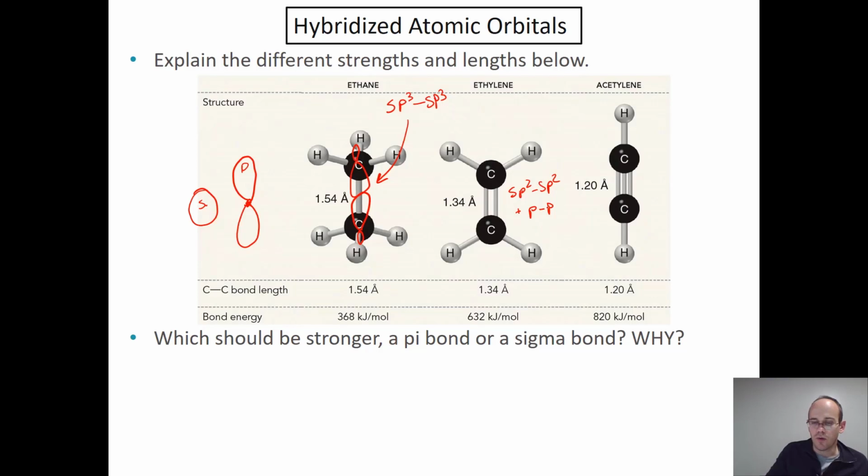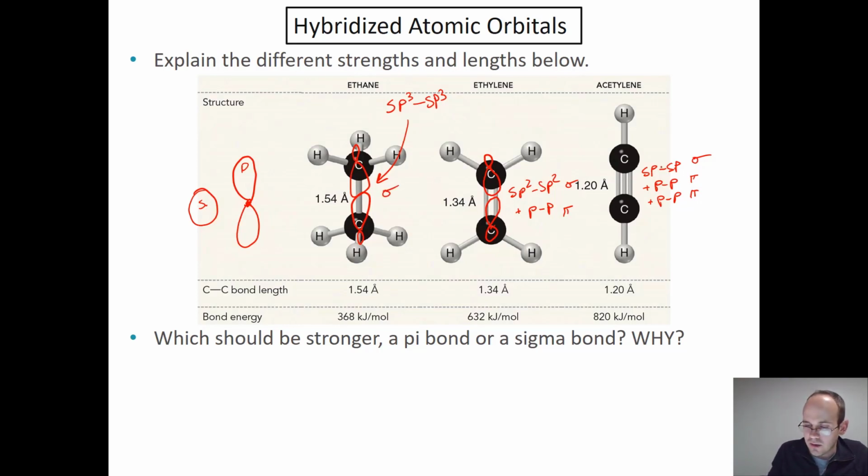So one sp2-sp2 bond, which is like this, and then one pp overlap. And then this one is sp plus pp overlap plus pp overlap. So this is the sigma and two pi bonds making up the triple bond, and this is the sigma and one pi bond, and this is just a sigma.